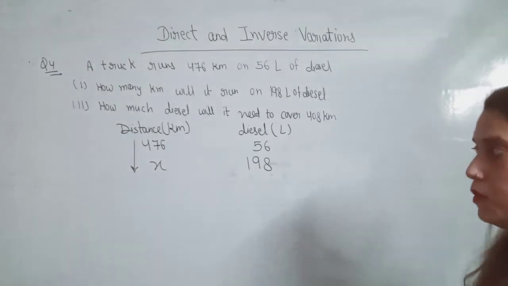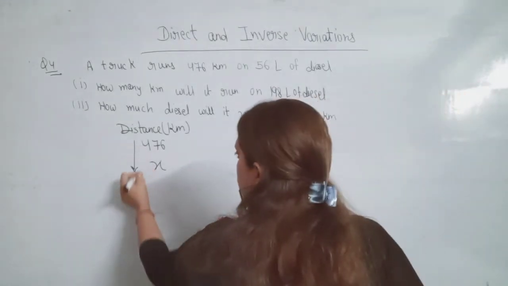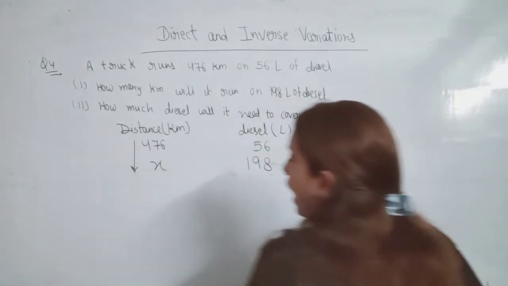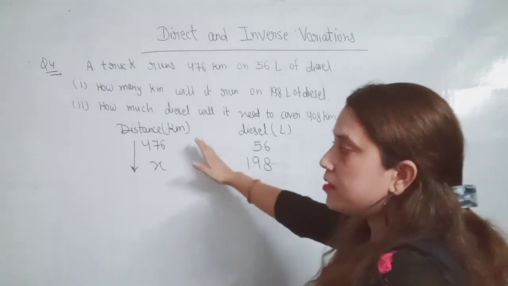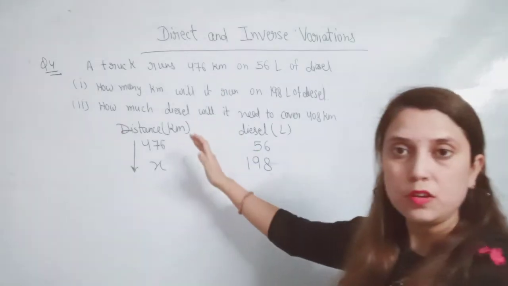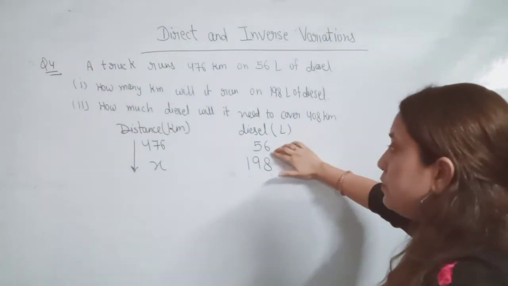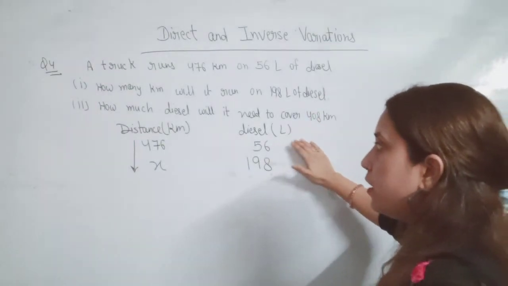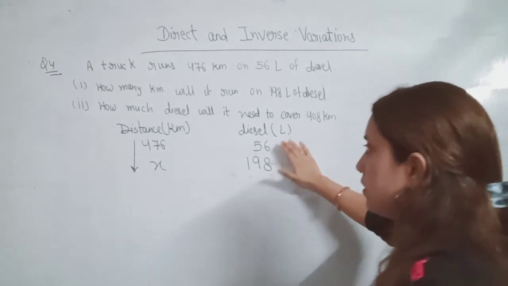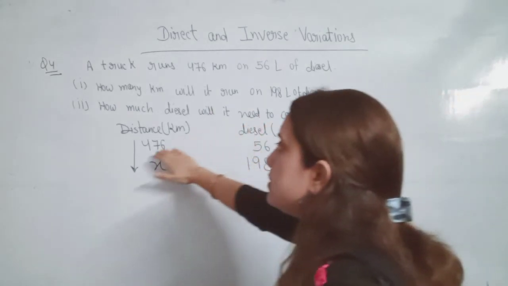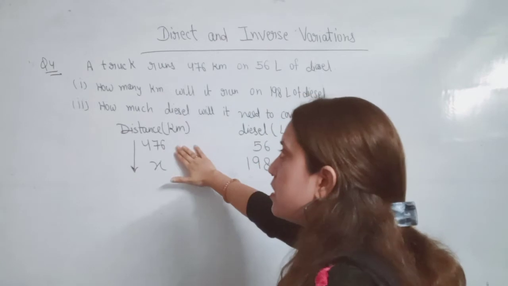So first we draw the arrow by default in the direction of x, and then we will check whether this is direct variation or inverse variation. In 56 liters of diesel the truck covers a distance of 476 kilometers.